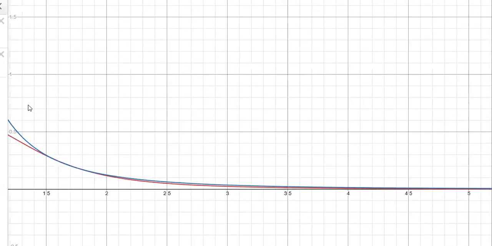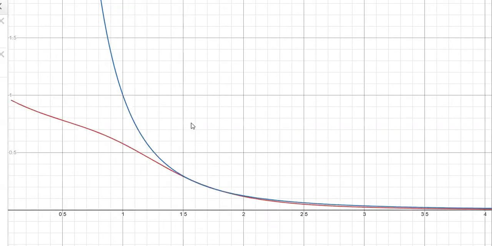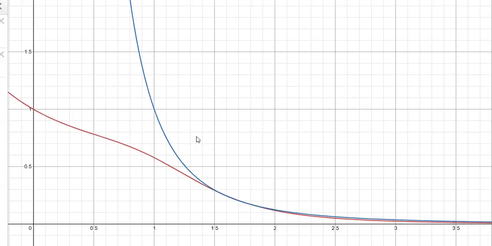If we keep going, it's always going to be bigger. We can zoom in if we want. I'm not going to do that, but we see that it's bigger. However, this part over here is also improper, so we would have to compare it from 1 to infinity. And then we know that the portion from 0 to 1 is finite. So that's not an issue at all.